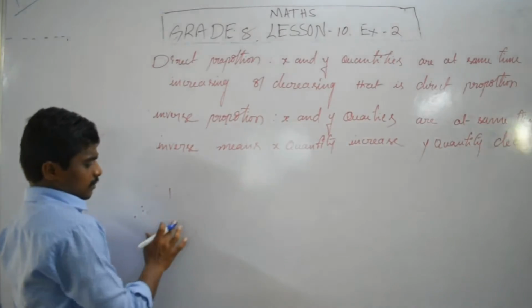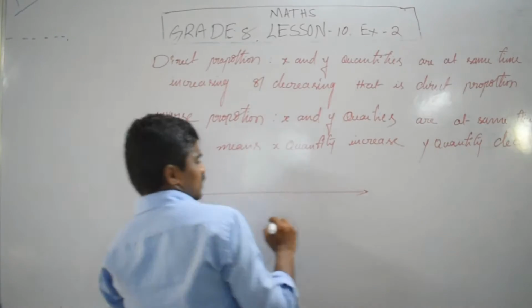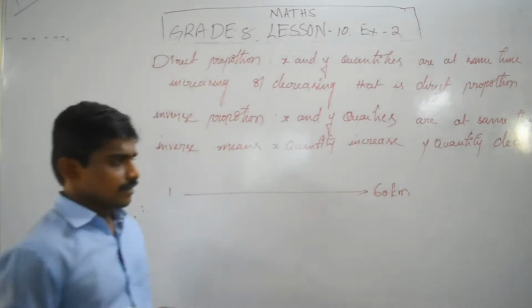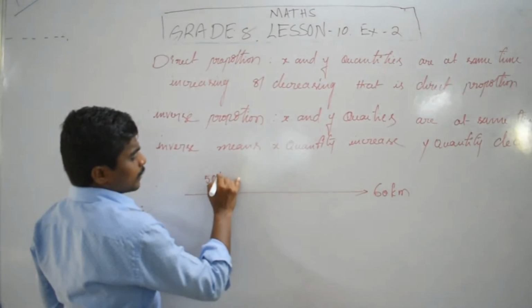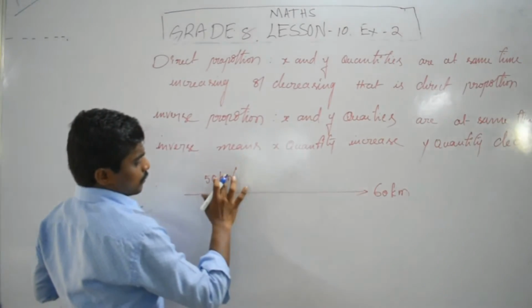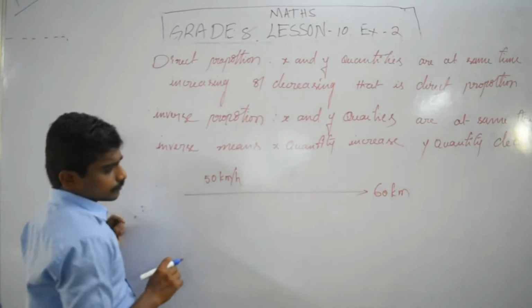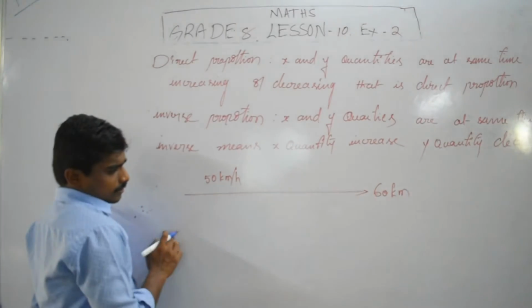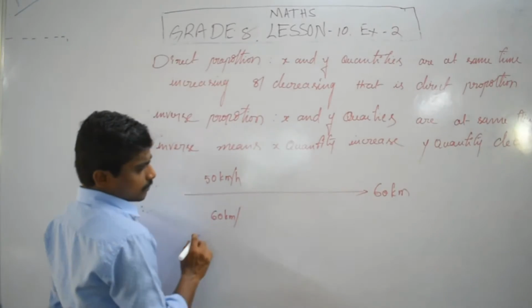see, 1 hour moving 60 kilometers. Now see, this car 60 kilometers per hour.